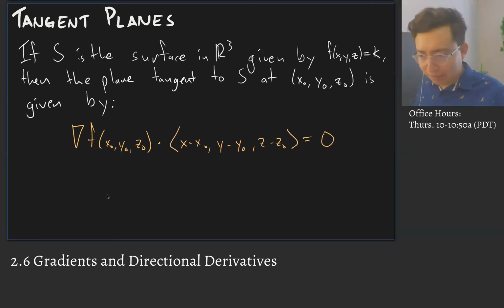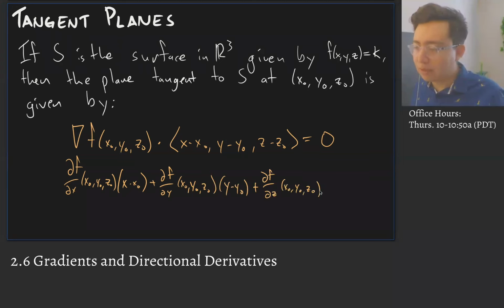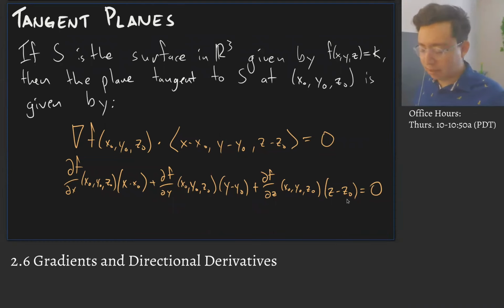If we rewrite this, it becomes df dx at x naught, y naught, z naught, times x minus x naught, plus df dy at x naught, y naught, z naught, times y minus y naught, plus df dz at x naught, y naught, z naught, times z minus z naught, equals 0.